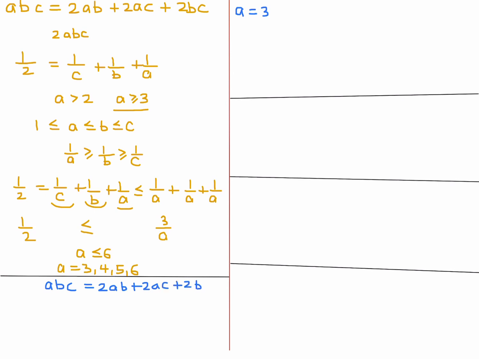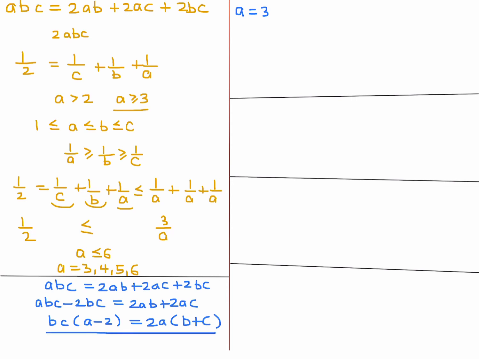What we can do is bring one of those over, say 2BC, and that leaves me with BC times (A minus 2) equal to 2AB plus 2AC, and then on the right we can factor out a 2A, and you get 2A times (B plus C). So this equation hopefully will help. We will use this throughout.